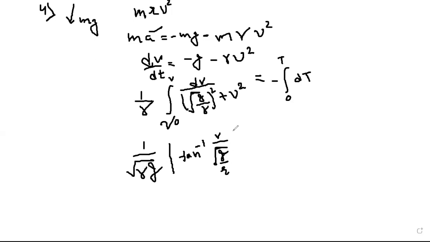So the value is shifted on the right side, v0 to 0. So the integration of dt is equal to minus t, and here 0 to t.